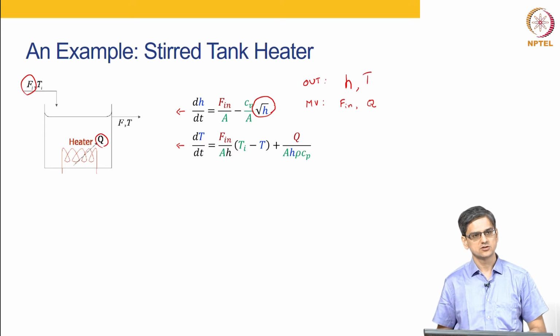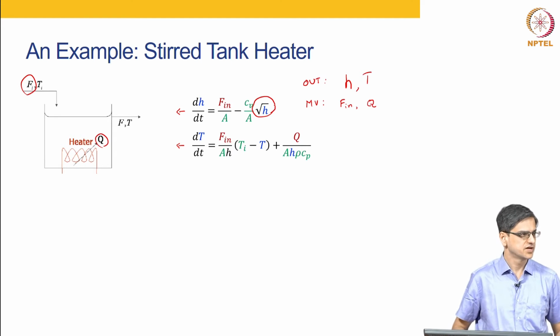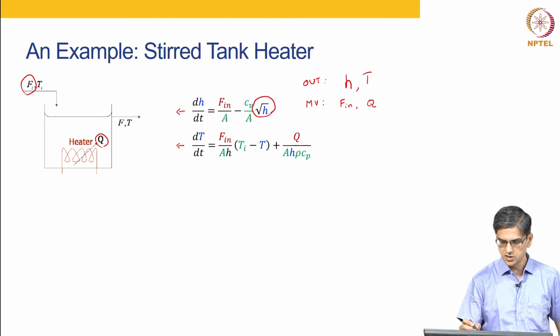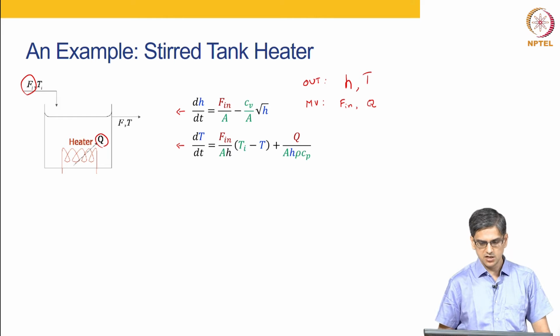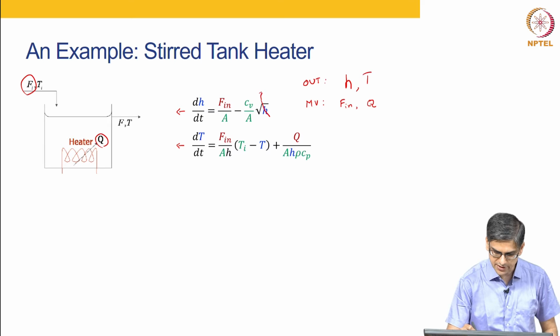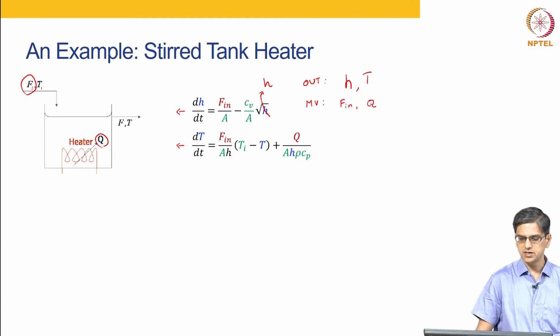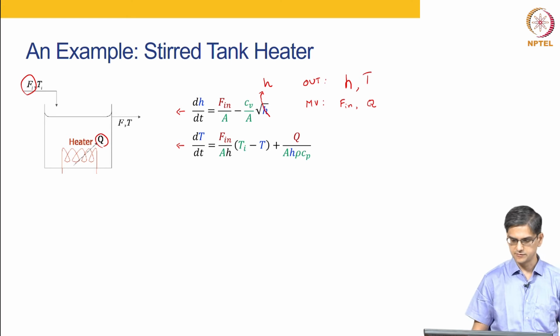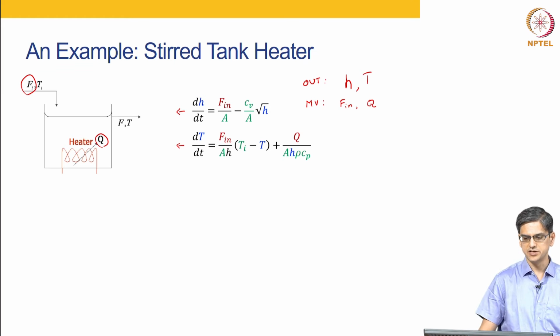So, the pressure across the valve is just rho gh, and based on this we get an expression of this type. So, that is one non-linearity that comes in. If this had a linear dependence on height, then you would get an equation of this type, and this would be a linear equation. But for now this is a non-linear equation.